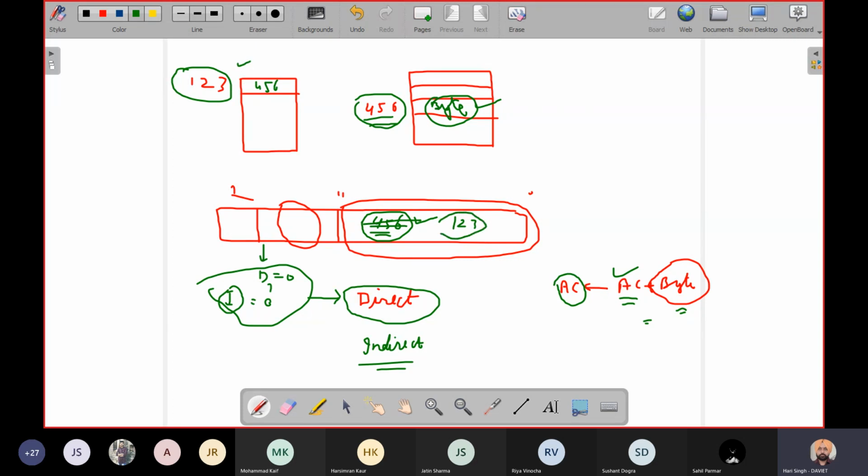So in indirect addressing mode, whatever value is available in this part of the instruction register will be considered as the address of a memory where the address of data is available. Is that clear, students? Yes.